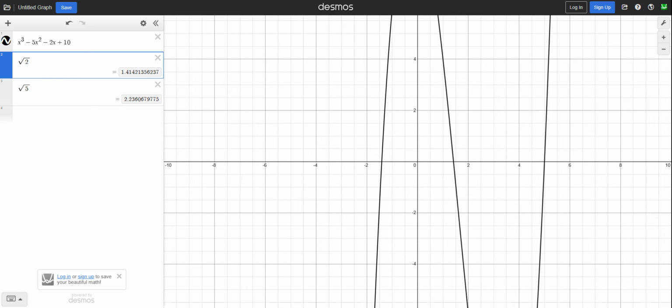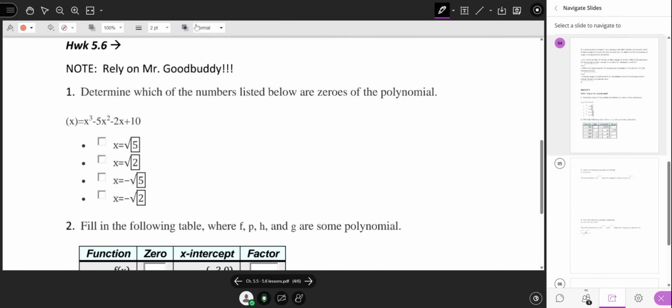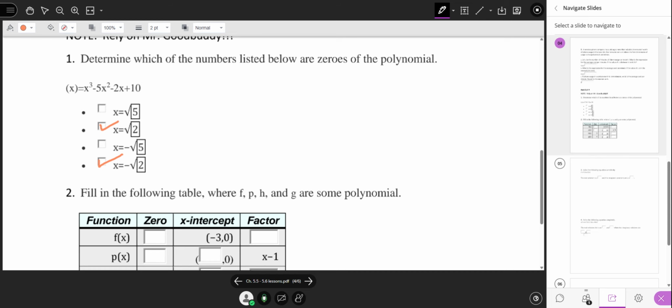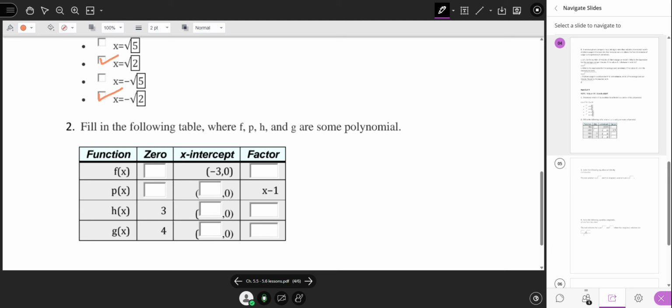So I really, really like this problem. So you literally go X and X. Now, let's go back real quick to Desmos.